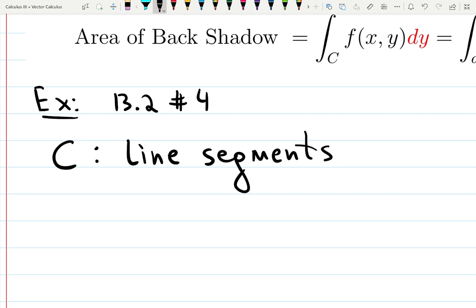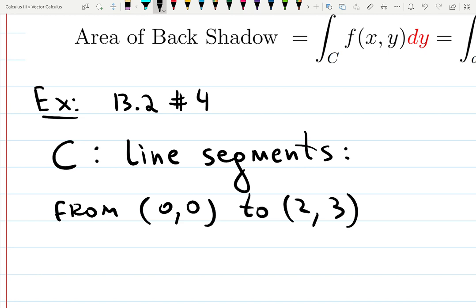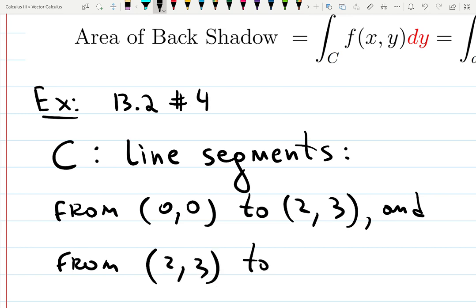We just started. Why are you already yawning? I woke up late. Line segments. First we have from (0, 0) to (2, 3). And the second one is from (2, 3) to (2, 4, 0).